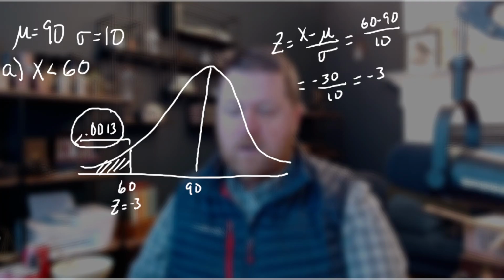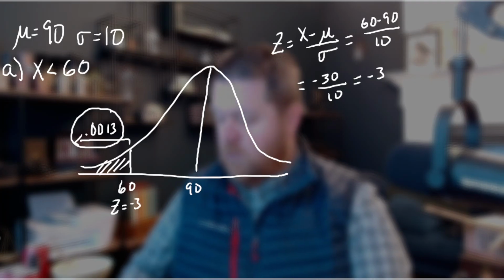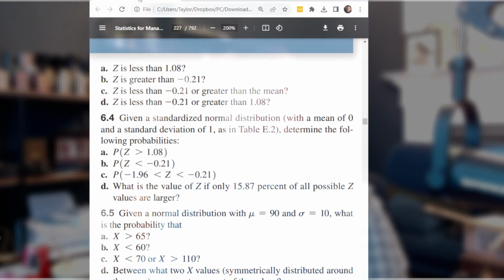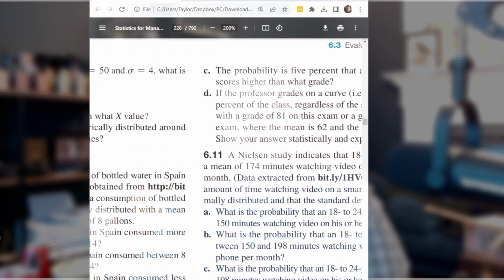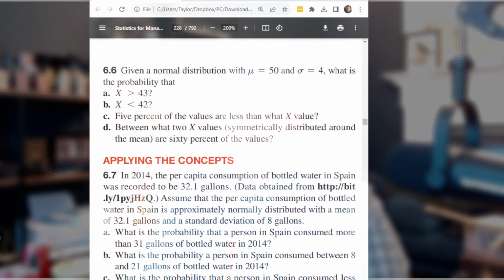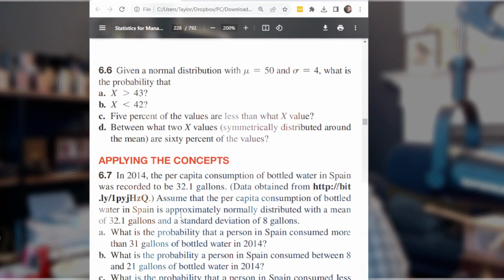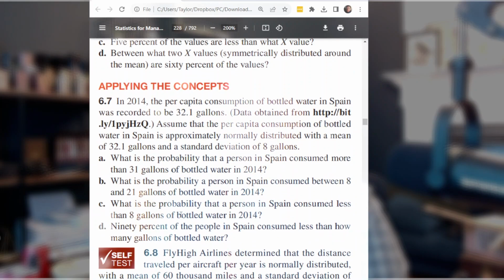Let's work one that is more applied. So let's go back over here to our table, down to the one applying the concepts. Let's look at this first one. It's a consumption kind of problem.